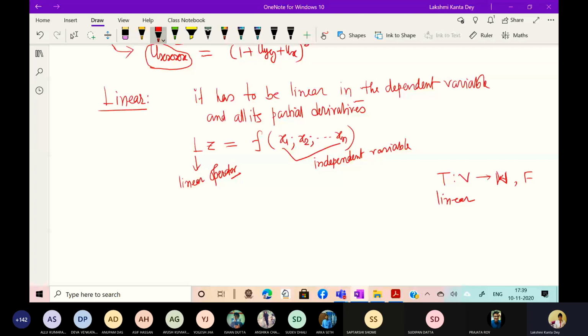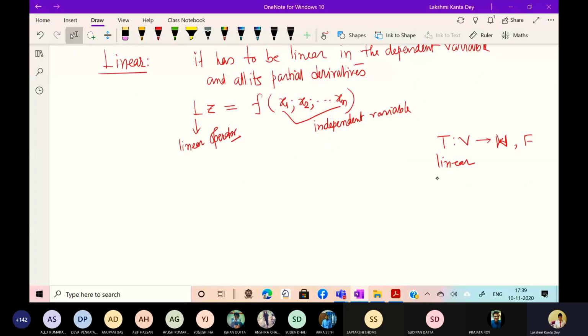Prajata, can you recall? Number one, it has to satisfy the condition of linearity. That means T of u plus v is equal to Tu plus Tv, for all u, v belonging to V. This is your linearity.